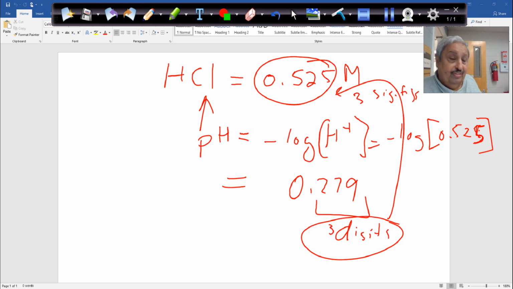If I have 5 sig figs, there will be 5 digits after the decimal. Make sense? That's unique for the pH because it's a log. The log rules of the pH are different from the normal significant figure rules. You always observe the number of sig figs you are dealing with, and when you take the log of it, the digits after the decimal correspond to the number of sig figs. So I have 3 sig figs, so I have to have 3 digits after the decimal. This is my decimal here.